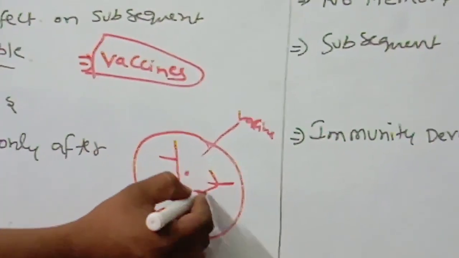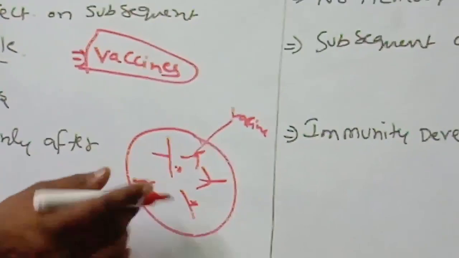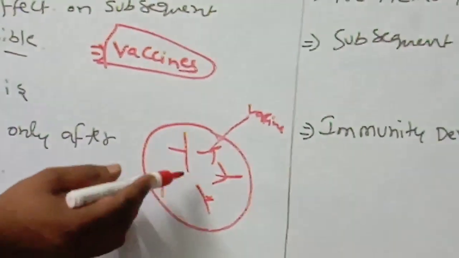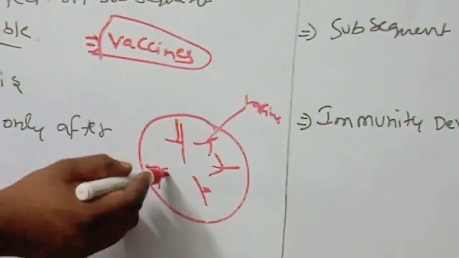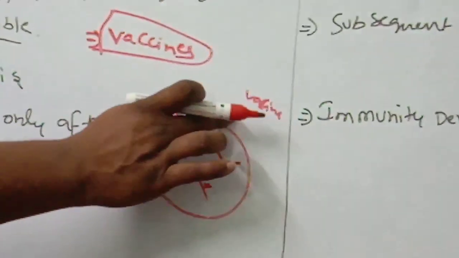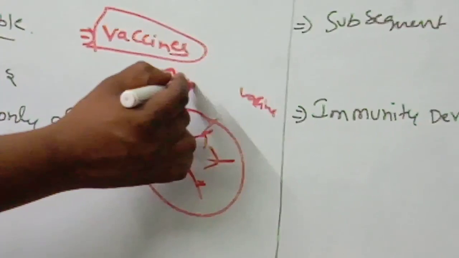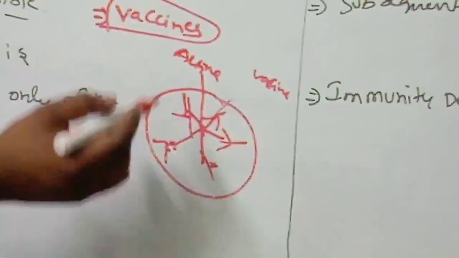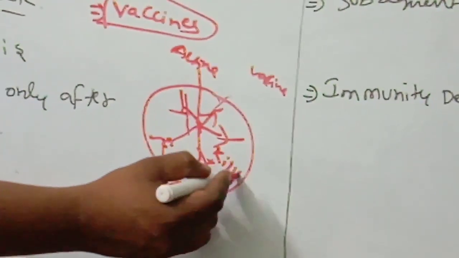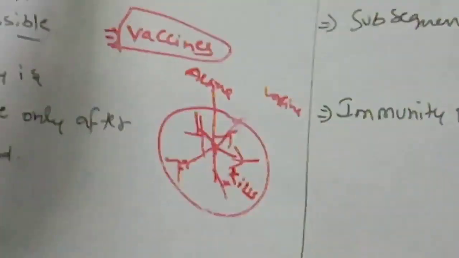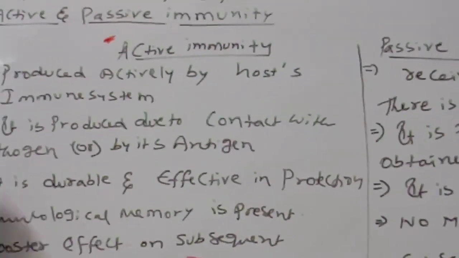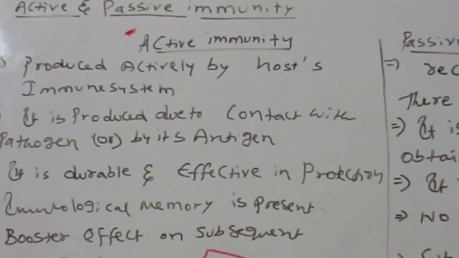Antibodies will be generated to kill it. After killing it, these antibodies will still be present, and there will be memory. When the same parasite enters, they will attack and kill it. This kind of immunity is called active immunity, produced actively by the host immune system.